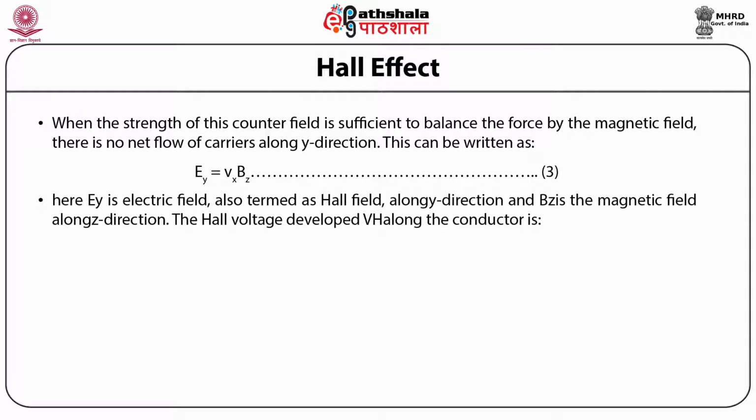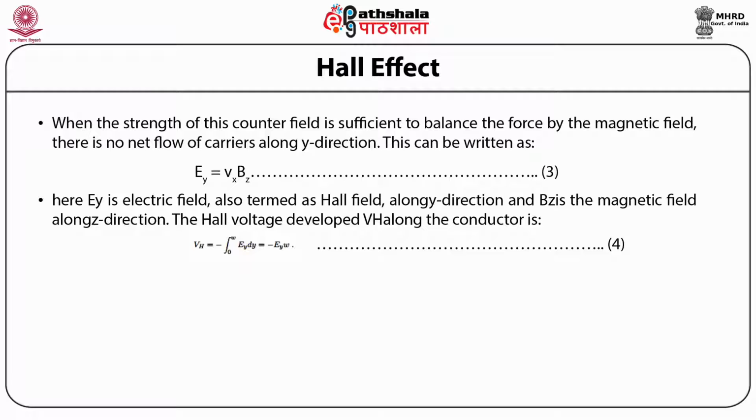Here, Ey is the electric field, also termed as the Hall field, along the y direction. Bz is the magnetic field along the z direction. The Hall voltage developed, Vh, across the conductor is equal to the negative integral of Ey into dy.